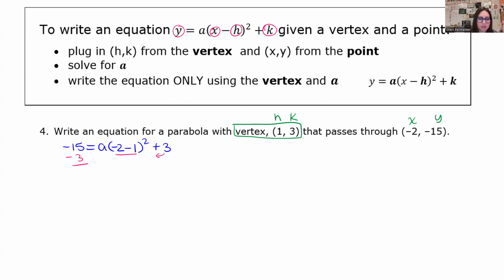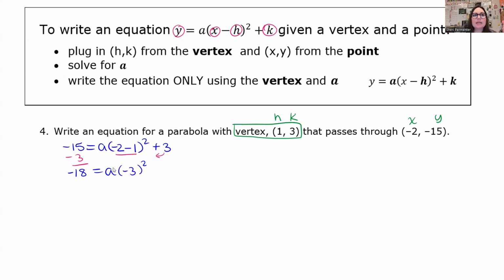What's negative 15 minus 3? Negative 18. Equals A times something squared. What's -2 minus 1? -3.